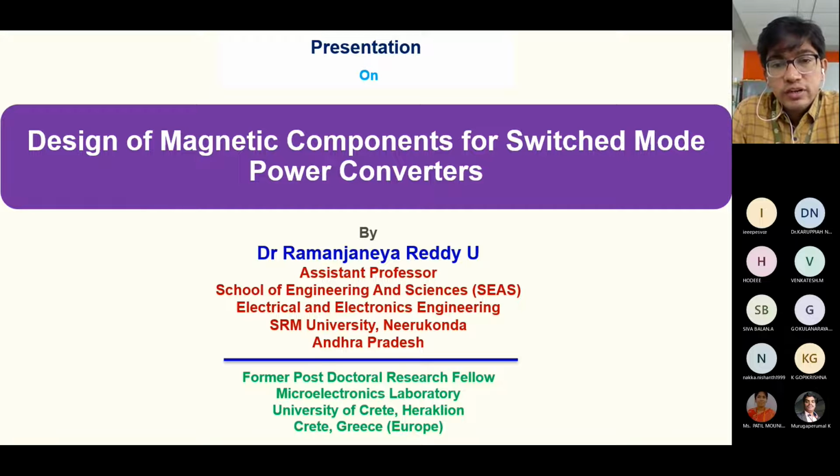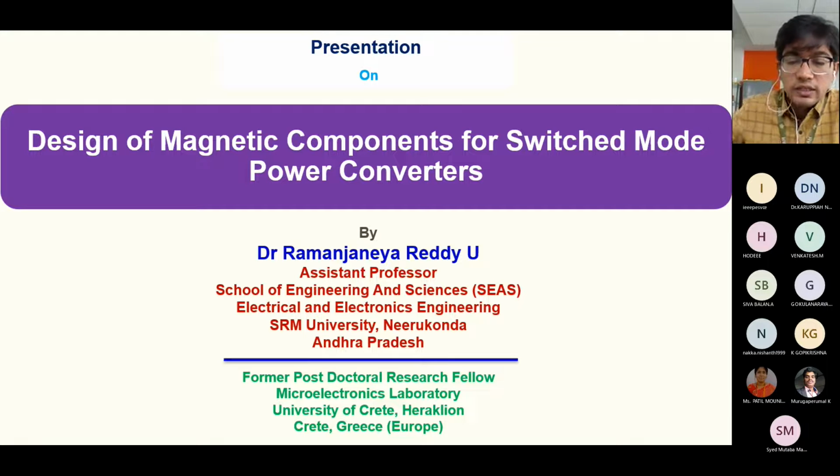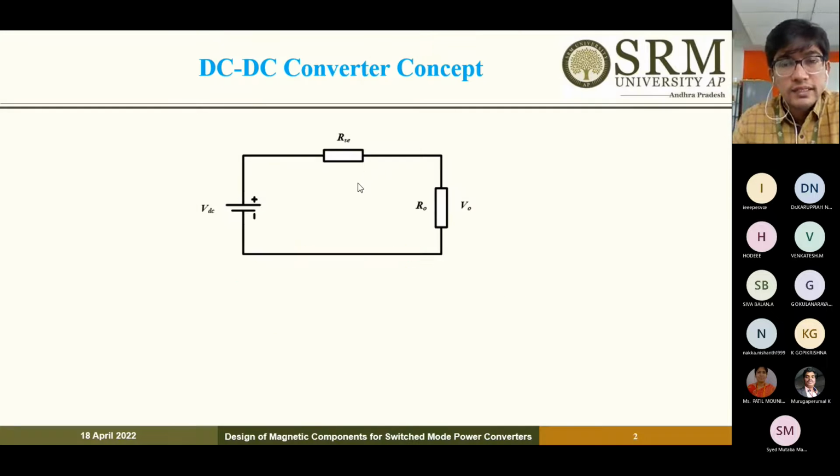This can be achieved in different ways. Initially, if I have a 12 volt battery and my load demands 5 volts, to convert from 12 volts to 5 volts we can connect a resistor between the source and load.